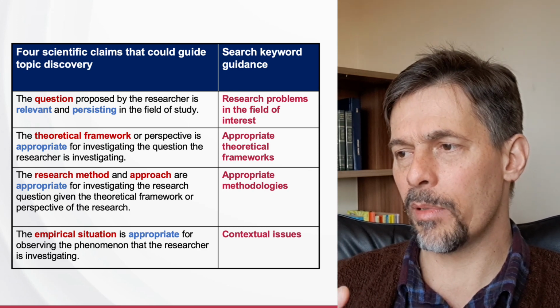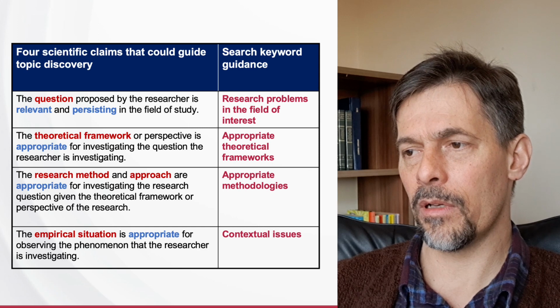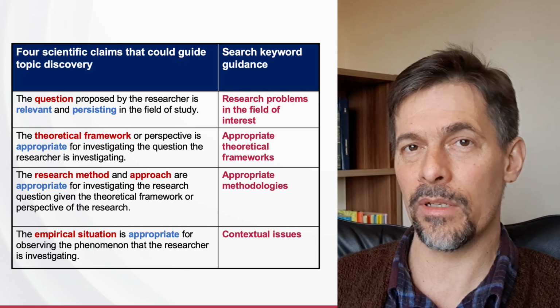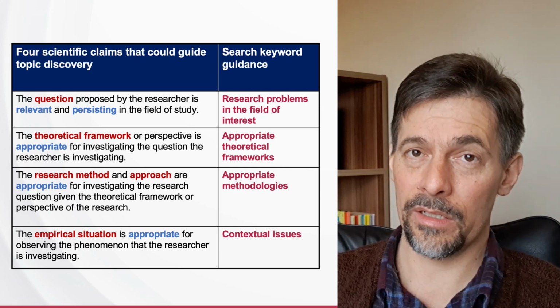The fourth scientific claim is that the empirical situation is appropriate for observing the phenomena that the researcher is investigating. This basically says that you're going to have to do searches on contextual issues.